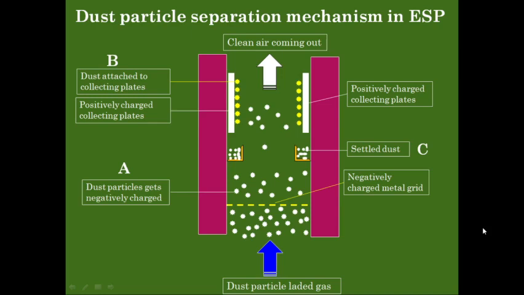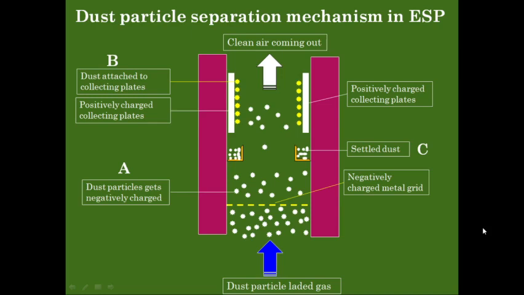Although we have many benefits of using ESPs, the efficiency is very high, especially if you want to separate dust particles from industries which are very highly polluted in terms of dust particle concentration, such as the cement industry.